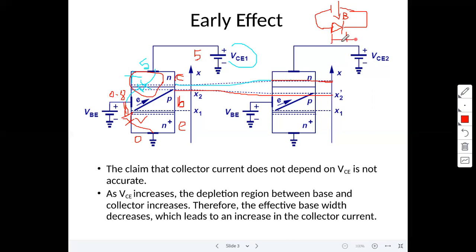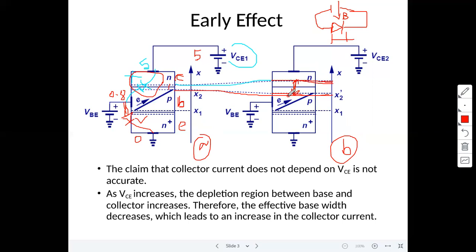That depends upon diode configurations. Anyhow, the depletion region width increases here. Observe here, this is suppose figure A and this is figure B. In figure A this is the width, and in figure B this is the width. As we increase the base to collector voltage, the width increases.